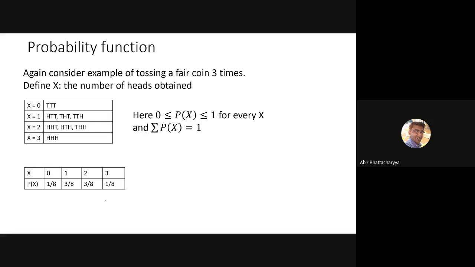And the summation of p of x, if I add all these, I will get 1 only: 1 by 8, 3 by 8, and so on. So p of x is called the probability mass function, PMF. This specific table is known as the PMF, probability mass function.